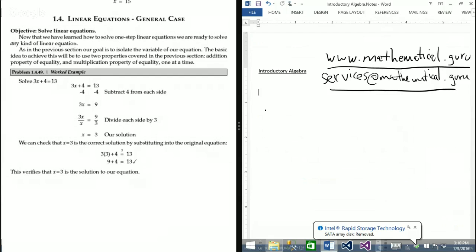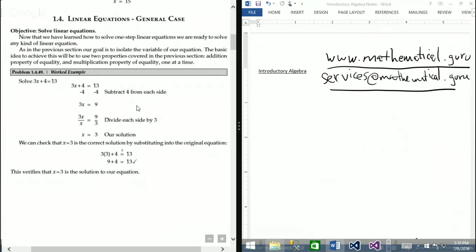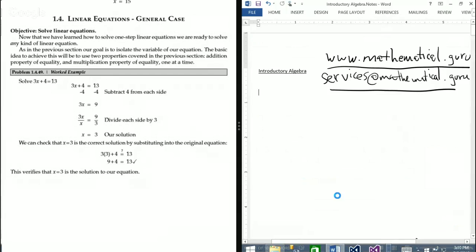And so our first example appears to be pretty straightforward. Not much really going on there. We have this example: 3x plus 4 equals 13, and our job is just to simply isolate our x term.